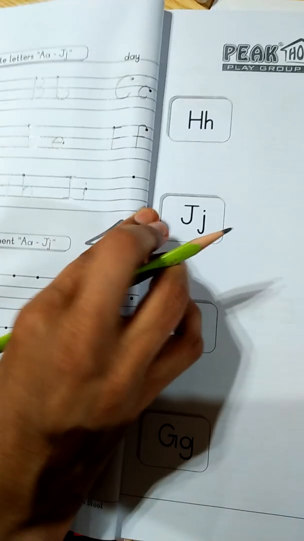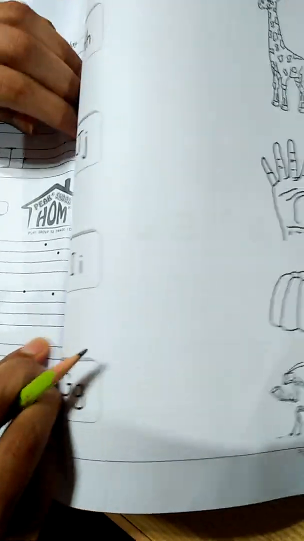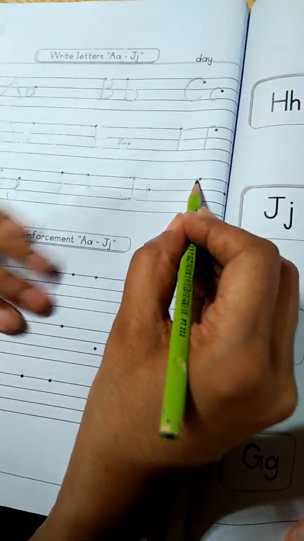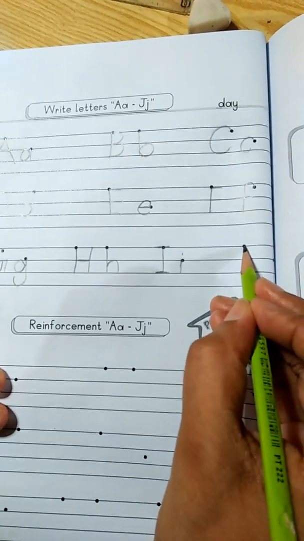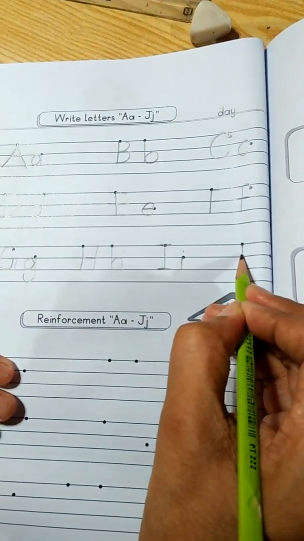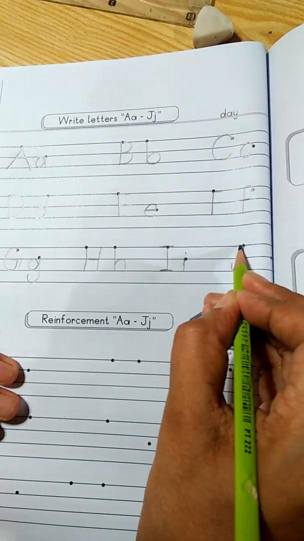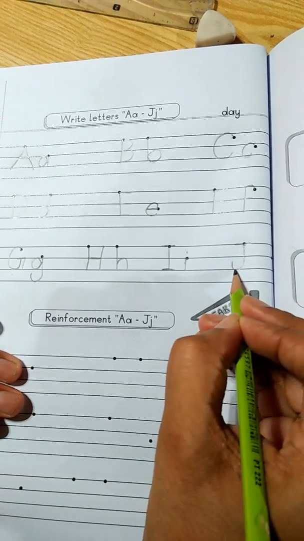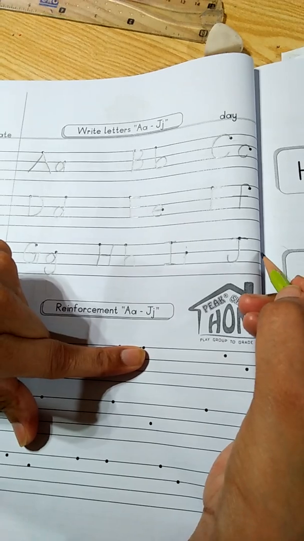And we use capital J and small j. Now this is the starting point. We use upper three lines for capital J, go straight and make an umbrella shape and make a slipping line upside. This is capital J. Now we use small j.